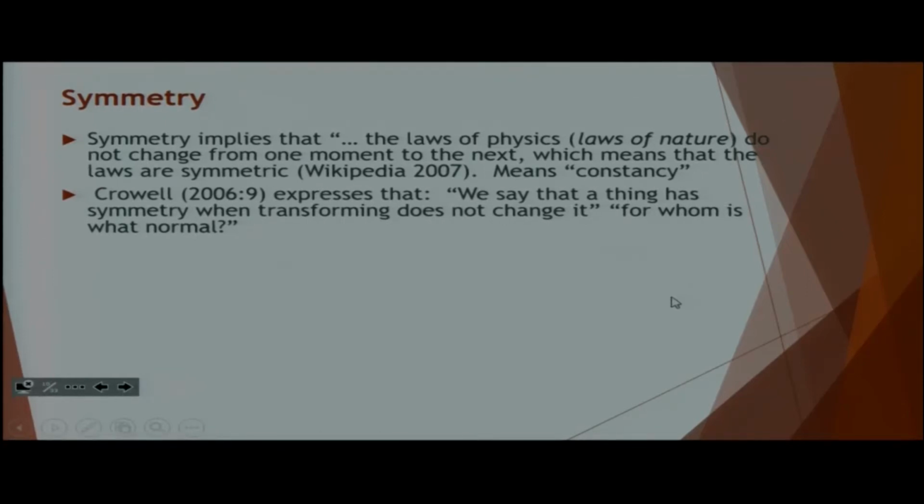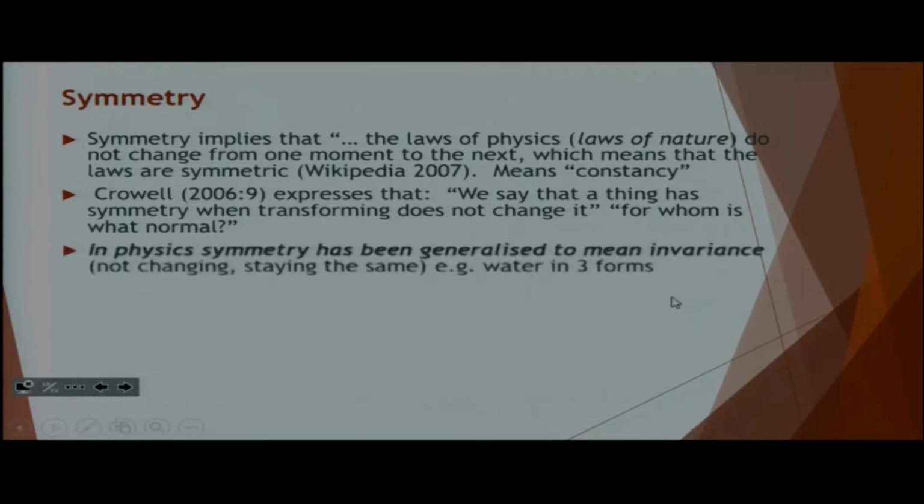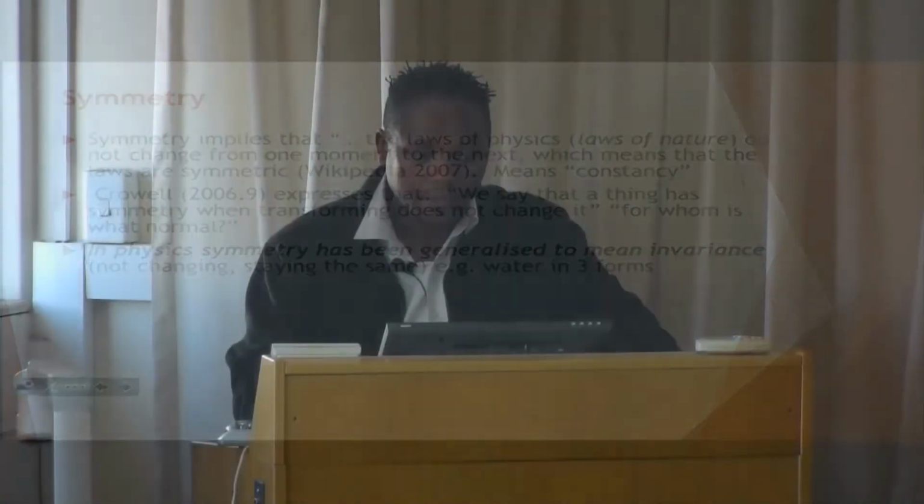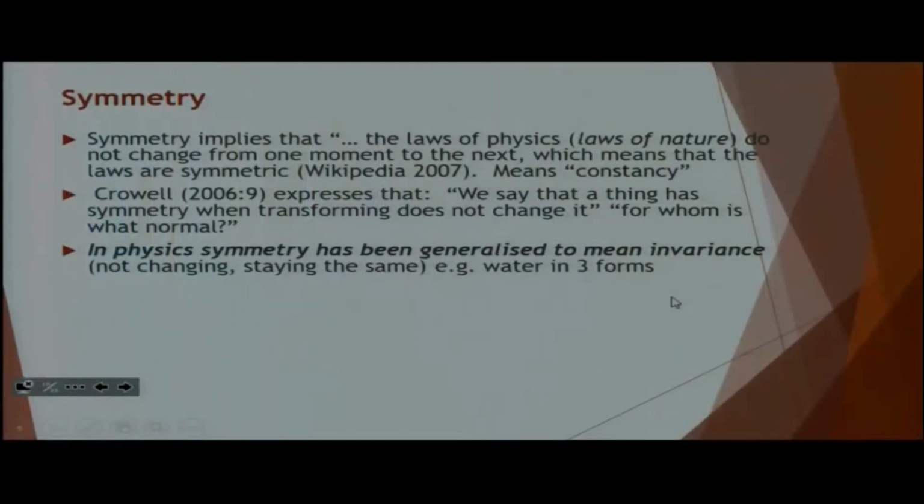Crowell expresses that we say that a thing has symmetry when transforming it does not change it. In physics, symmetry has been generalized to mean invariance: not changing, or staying the same.